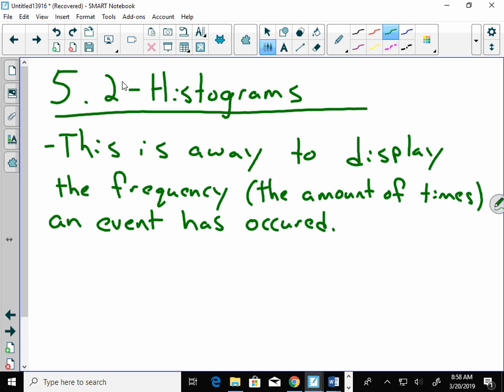All right. And this is important in statistics because it's all about counting your data, right?